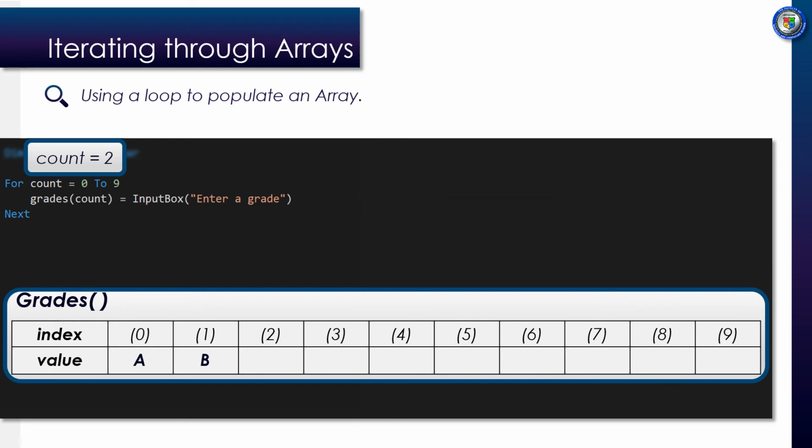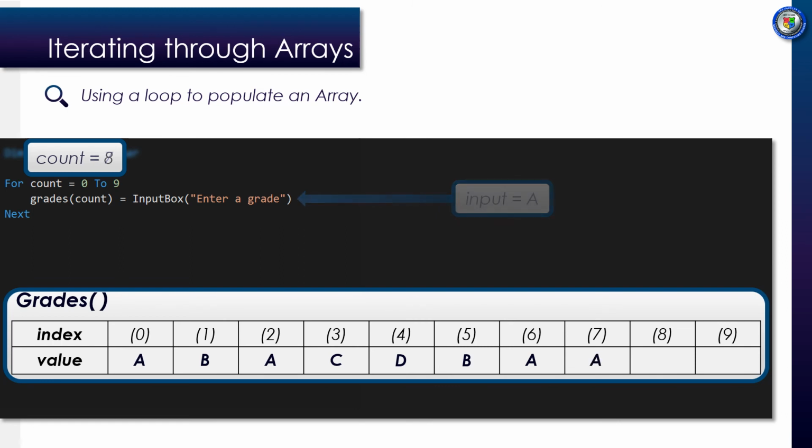Second time, count is 2. Input is A. Our index is 2, and we insert our data. 3, 4, 5, 6, and each time we go round, our count increments by 1, and again we use this to determine the index or the element we are storing the data in.